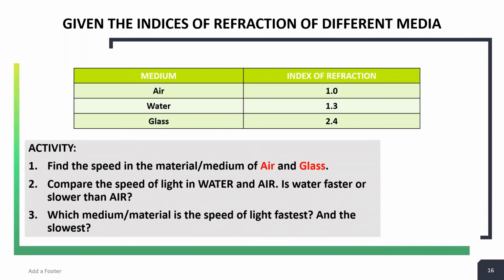Now, I want you to find the speed in air and glass. Compare the speed of light in water and air. Is water faster or slower than air? In which medium is the speed of light fastest and slowest?